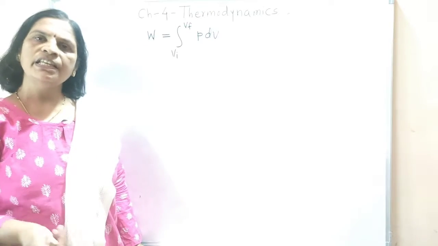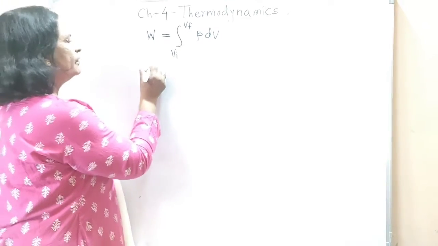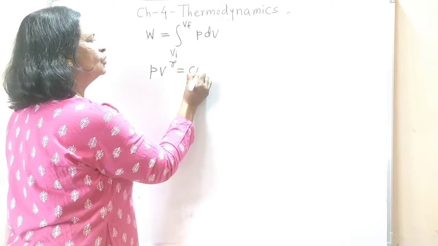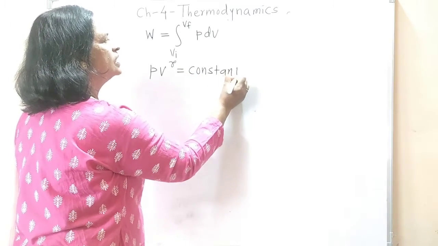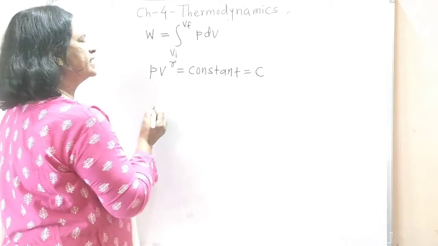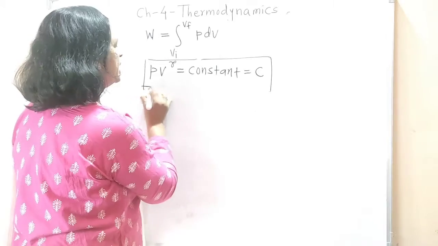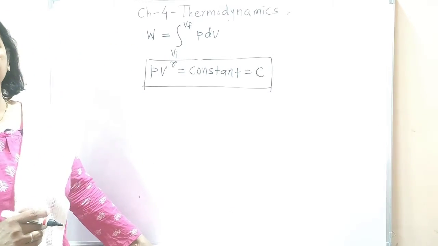Then what is the equation of state for adiabatic process? PV raised to gamma is equal to constant, and this constant is considered as C. This is the equation of state for the adiabatic process.